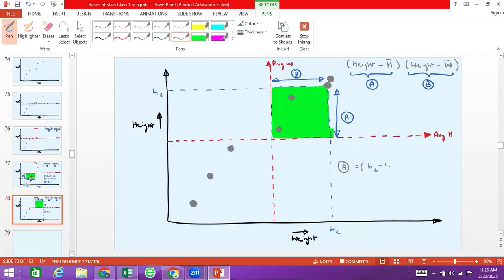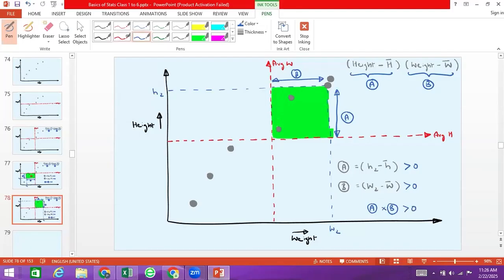Now tell me whether H2 minus H bar will be a positive number or a negative number. Positive. And W2 minus W bar? Positive. So this area that we are calculating, A into B, is positive or negative? Positive.